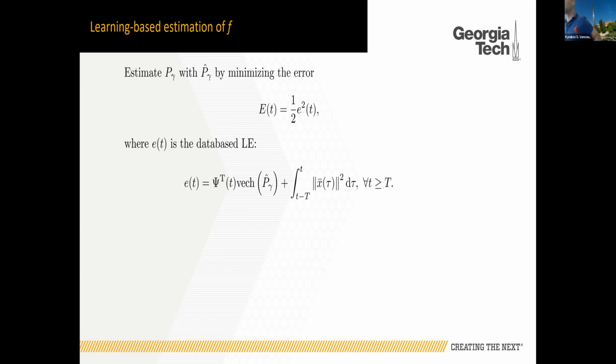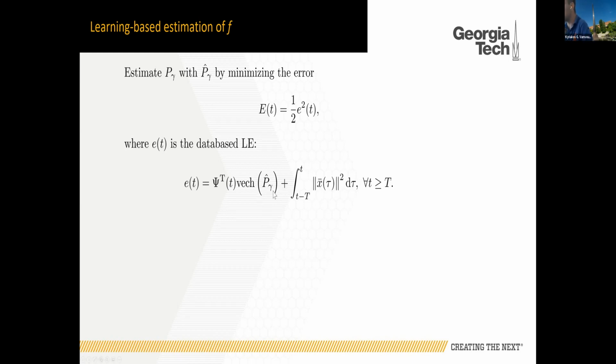I want to minimize this performance, which is equal to 1/2 e squared, where e, which you can call the temporal difference error, is the data-based Lyapunov error. If the error is 0, then I can solve my Lyapunov equation. So I want to find a tuning law for the unknown weights, which in this case are the vectorized forms of P gamma hat.